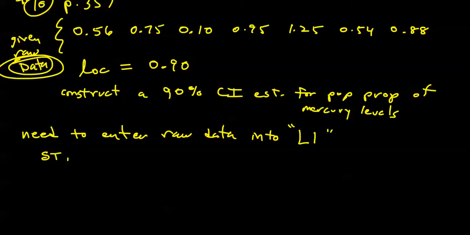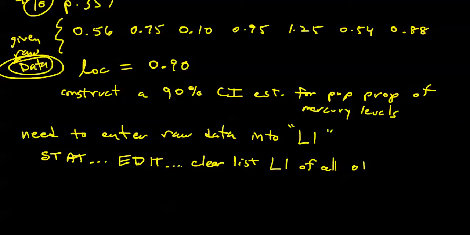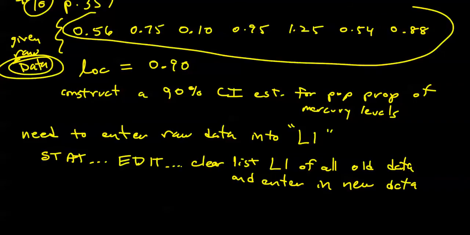You hit your Stat button, choose your Edit option on the submenu, and then clear the list L1 of all old data and enter in the new data. And by the new data, I mean these 7 numbers right here. So you might want to pause, grab your calculator, and clear out the old data and put these new numbers into list L1. Please do that now.